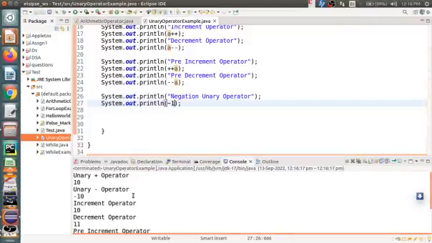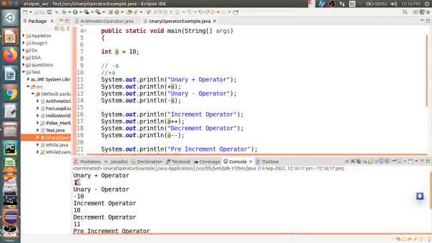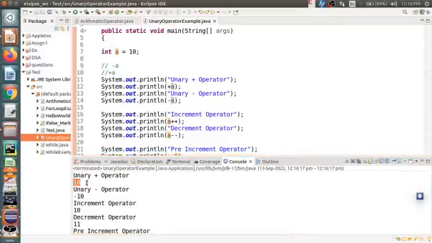Okay, so now you can see the unary positive operator. So plus 10, the compiler will execute this, but it won't use the plus sign.